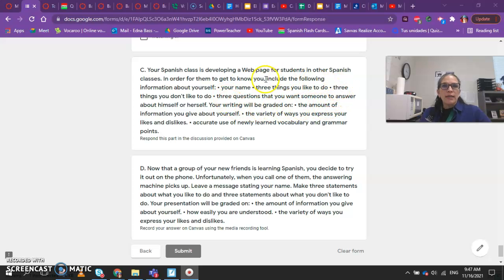You're going to write. It says that in order for them to get to know you, include the following information about yourself. So about yourself, you're going to say your name. You're going to say 3 things you like to do, and they go in a structure. 3 things you don't like to do. 3 questions that you want to ask someone about themselves.